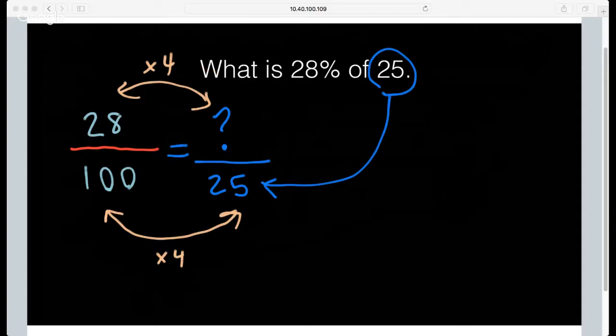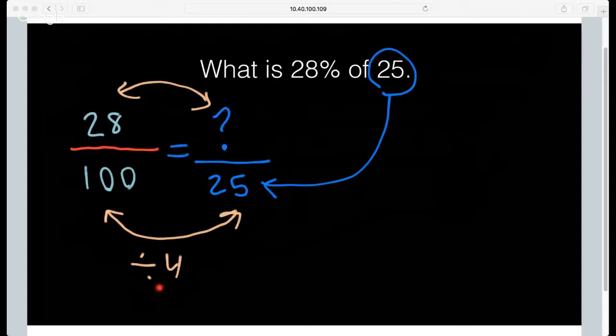So this does help us in a sense, but we're going to have to ask it in a different way. Instead of saying times 4 to go this direction, we're going to have to flip it around and go this way, which is the opposite. So how do we go from 100 to 25? Well, because times 4 was going this way, then to go the opposite way means we're going to divide by 4, the opposite of multiplication in a sense.